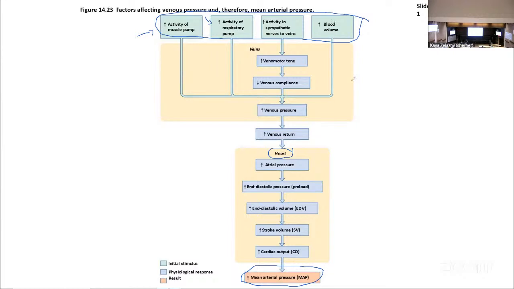So blood volume is one of our stimuli we're thinking about as well. Past this first block, everything is going to work the same for all of those factors. Ultimately, in the direction that we're looking at, increasing mean arterial pressure, increasing blood pressure. So all of these things, if you upregulate them, make them more active, are going to increase blood pressure.